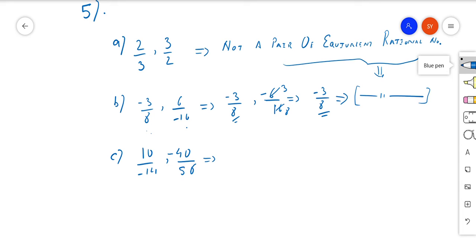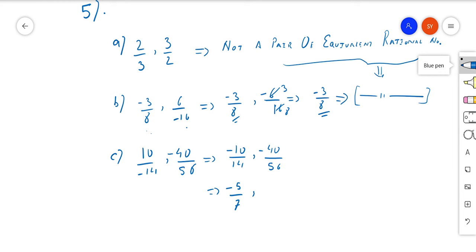I will just write the negative sign in the numerator, so it will become minus 10 upon 14 and minus 40 upon 56. Actually both the numbers over here we can further divide, so we'll divide this by 2, and it will become minus 5 by 7.